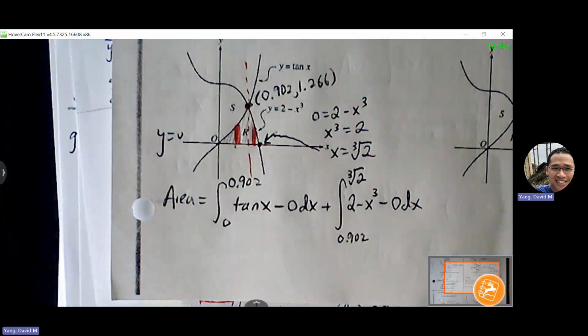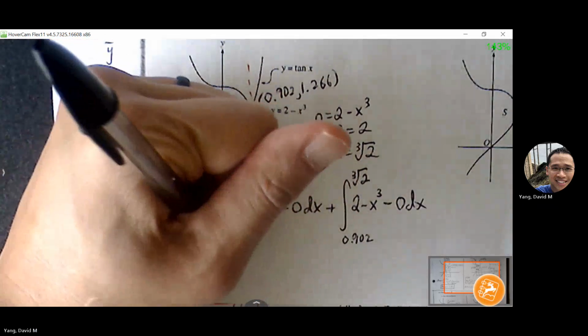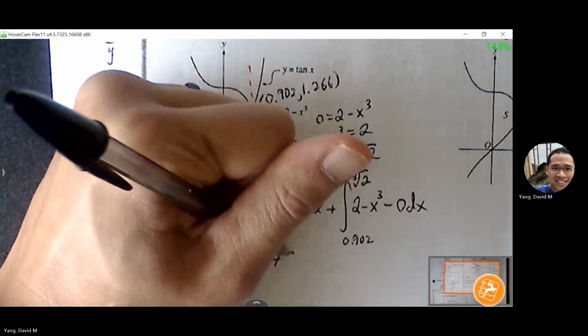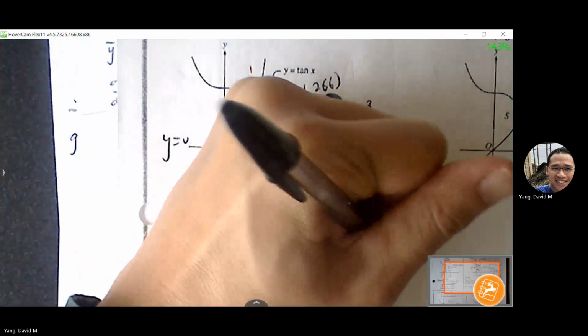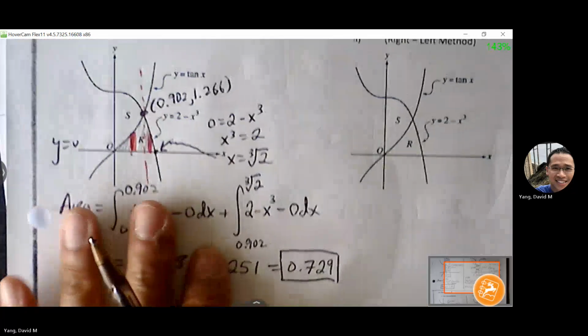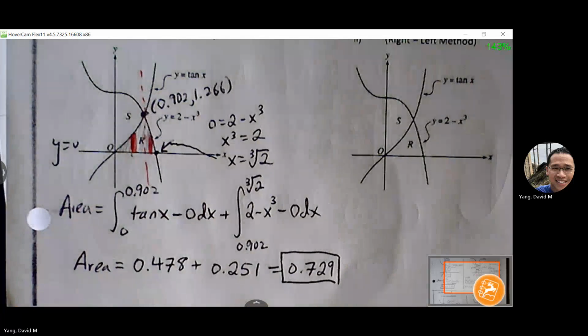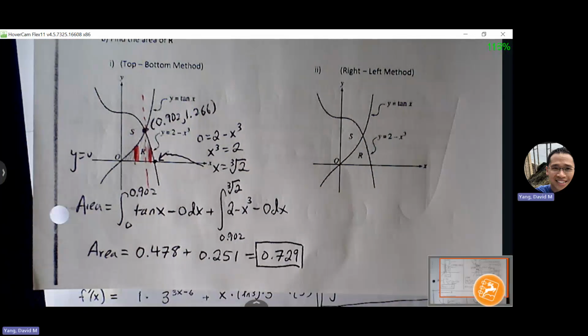Make sure you're in radian mode. Enter that into your calculator. I just want to show you that that's what the bottom function is.